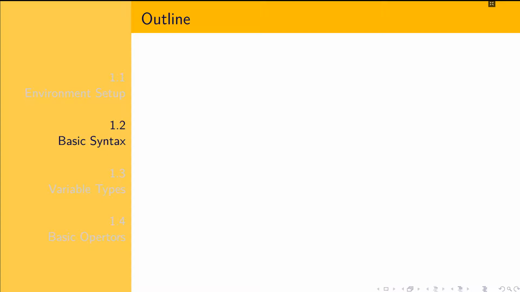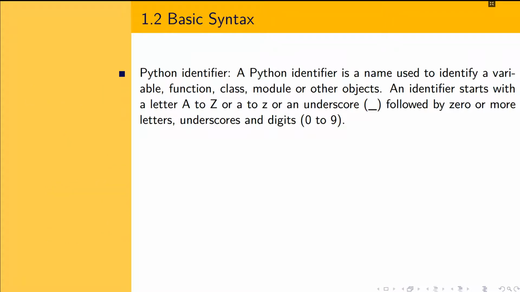The first thing I would like to introduce to you is the Python identifier, which is the name used to identify a variable, function, class, module, or other objects. An identifier starts with a letter, uppercase or lowercase, or an underscore, followed by zero or more letters, underscores, and digits from 0 to 9.